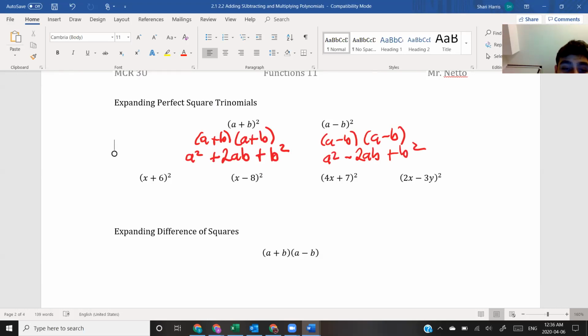So x plus 6 squared is x squared plus 2 times a times b. So x times 6 is 6x times 2 is 12x plus 36.